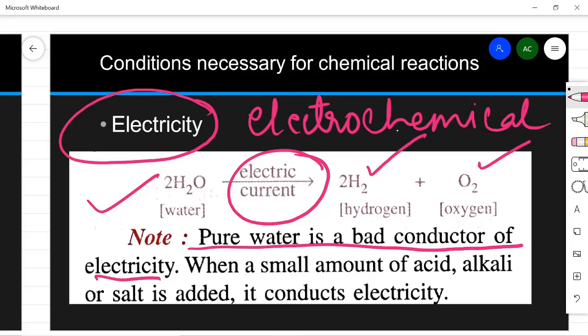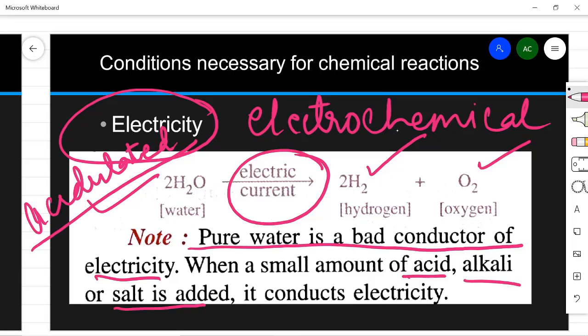So we add some amount of acid or alkali or salt to make it conduct electricity, and that is why sometimes this water is known as acidulated water. Remember, acidulated water. Acidulated means added some acid to this. So this reaction happens in the presence of electricity.